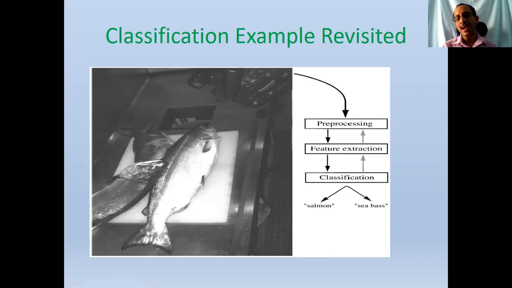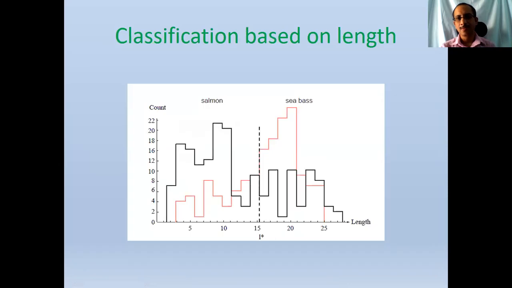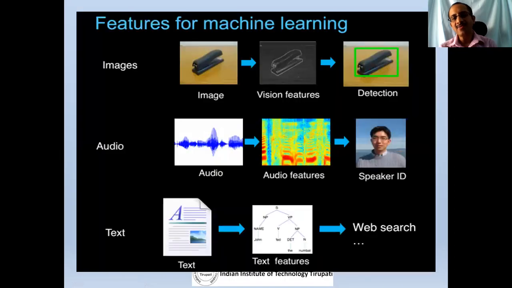Say I have 100 fishes of sea bass, 100 fishes of salmon, two categories. I have just measured their lengths and want to classify. So how should I go about it? First we should decide on a threshold length. So the question is, how do I decide on the threshold length?